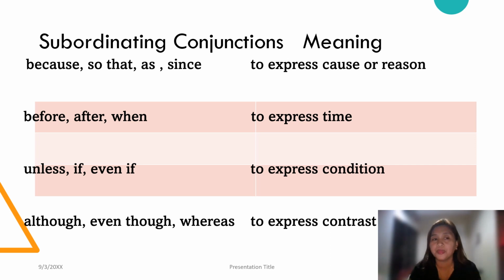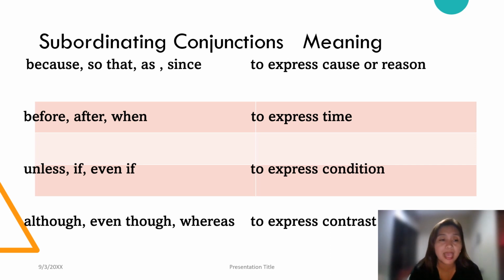For example, I was absent yesterday because I was sick, right? Then another, before, after, when. When are you going to use these conjunctions? You use these when you're going to express time. For example, my mother allowed me to eat dessert after eating a meal, right?